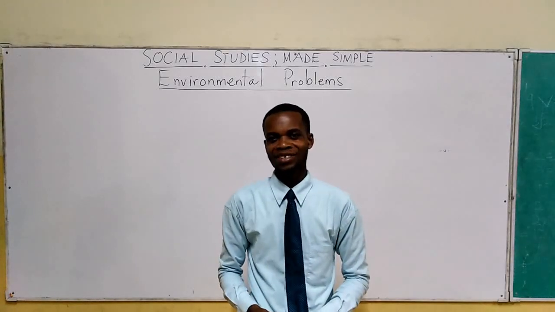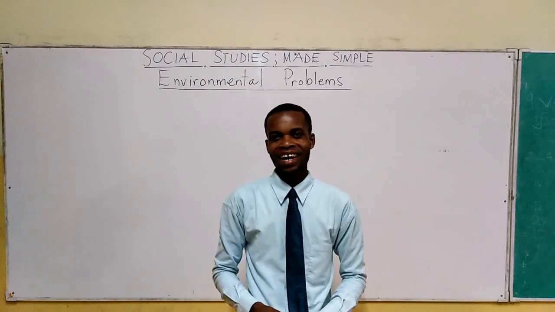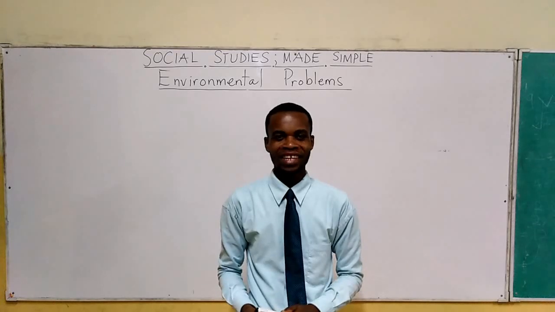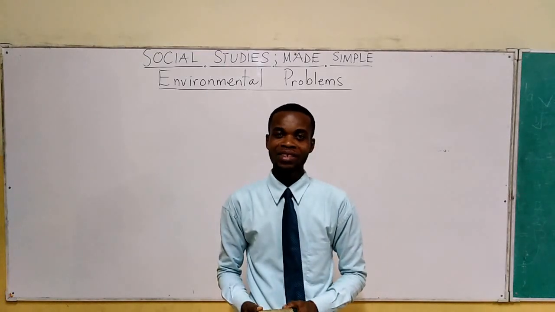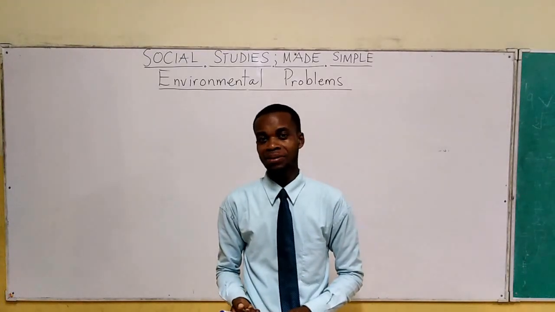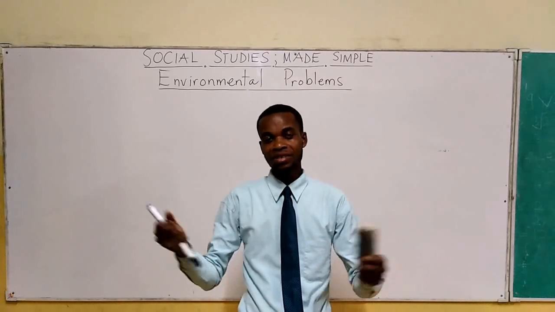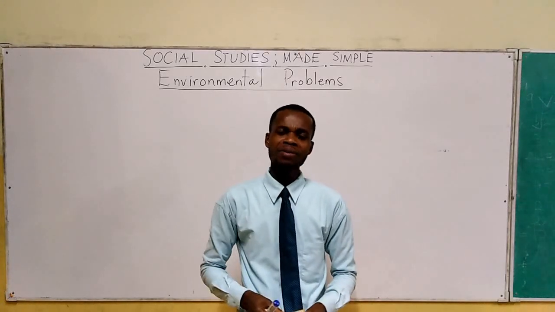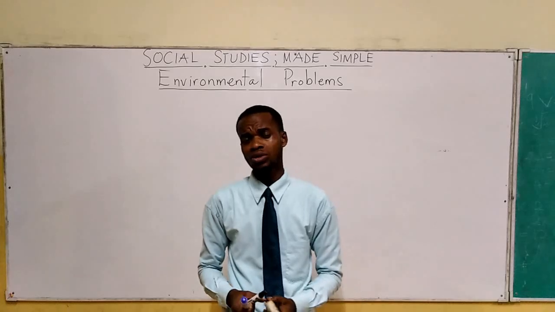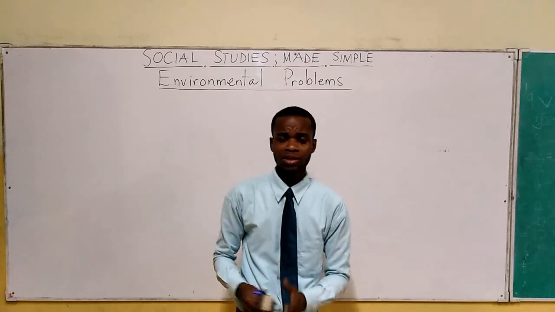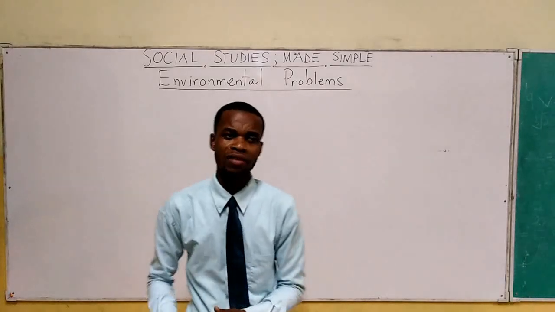You're welcome once again to GCL Tutorials, and I believe you enjoyed the last lesson we had on environmental problems and the meaning of environment itself. You remember we spoke about the two types of environment, which are the physical environment and the social environment.